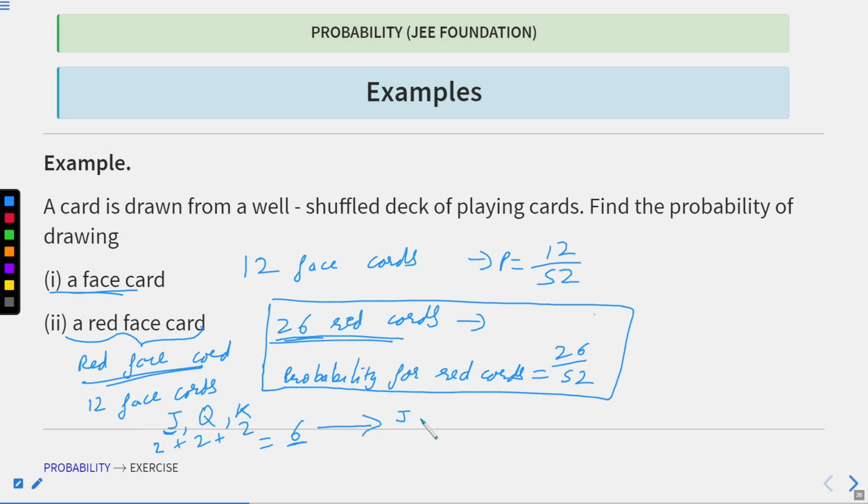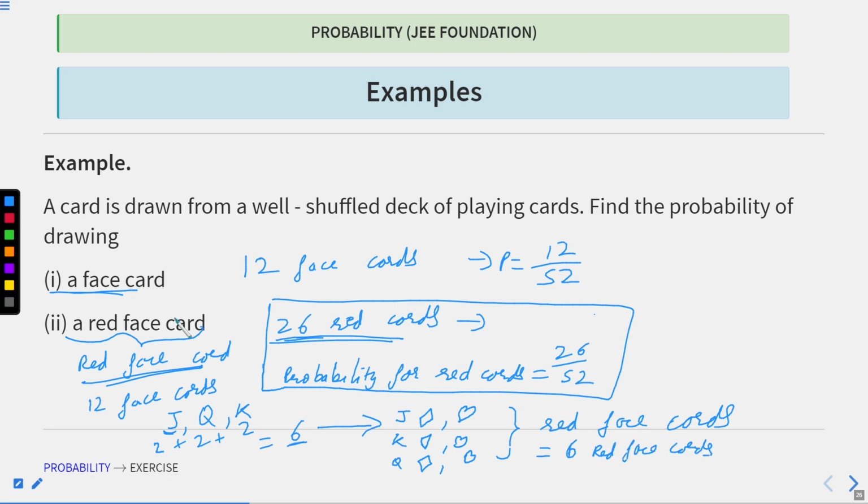J of diamond and heart is red, K of diamond and heart is also red, Q of diamond and heart is also red. So in total 6 red face cards.